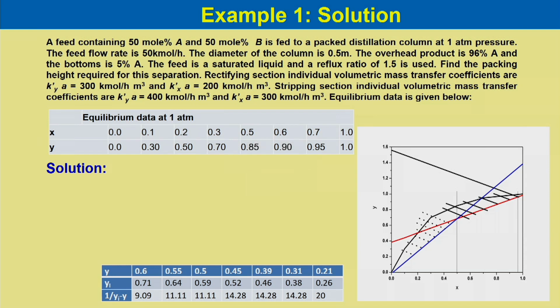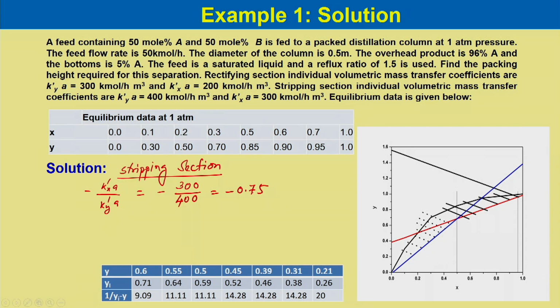Now, for the stripping section, we can obtain the slope of the line by minus kx'a divided by minus ky'a, which is equal to minus 300 divided by 400, which is equal to minus 0.75.